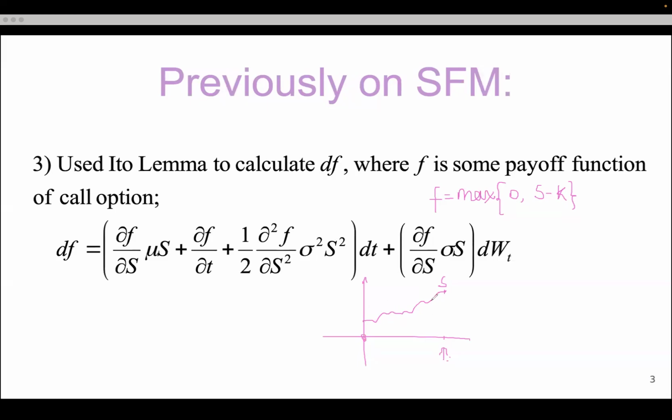For example. But when we buy a call option, we need to specify the strike price, denoted by little k, and at this time of maturity, the payoff function is S minus K. So if we can guess that S will be more than K at this moment, we win. If we don't guess, we lose.